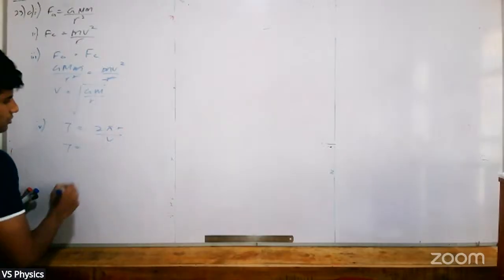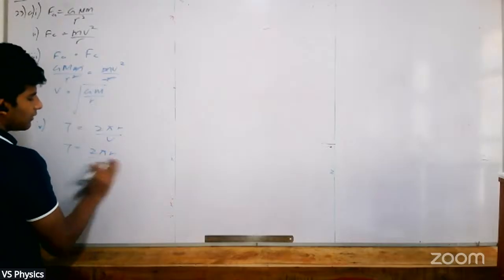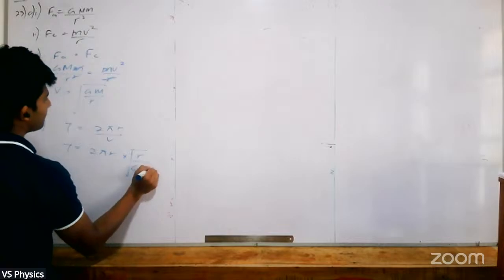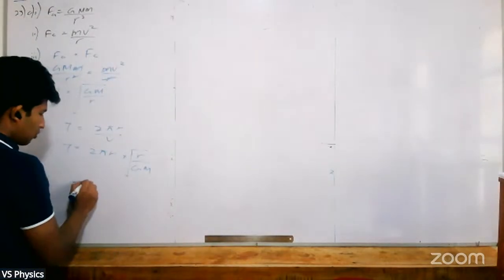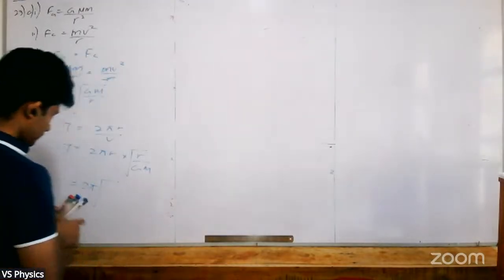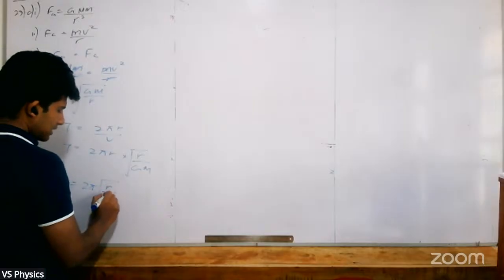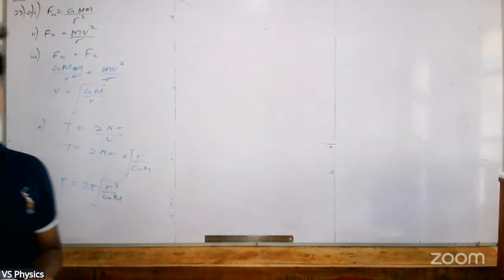T is equal to 2 pi r multiplied by root r over Gm. We can continue this and write 2 pi, actually, root r cubed over Gm. This is the equation for time period T.